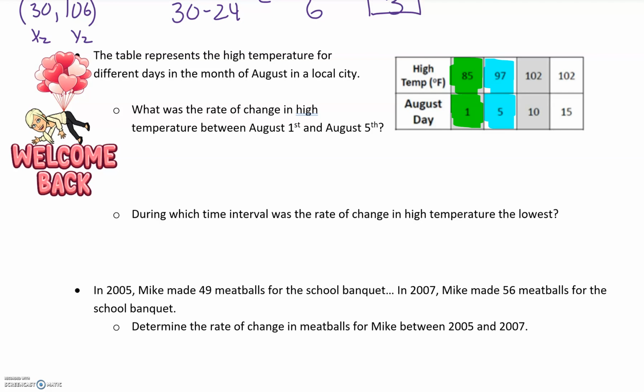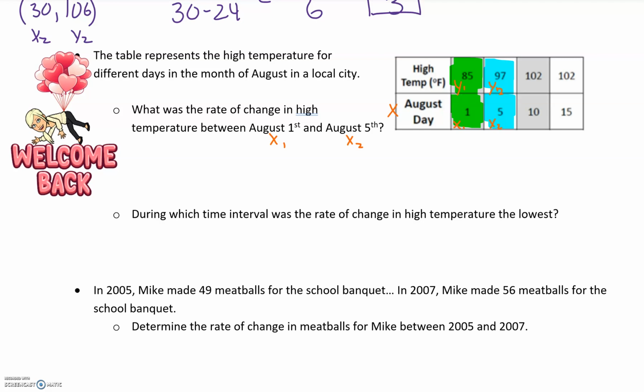So what we have is our X's are the days, because these are what are given to us. So this is like our X1 and our X2. That means the temperatures, these are the outputs, so our Y's. So Y1 and Y2. They're like an ordered pair.